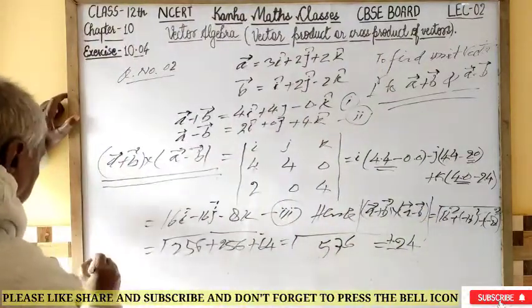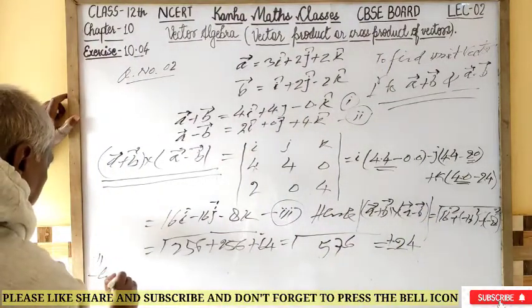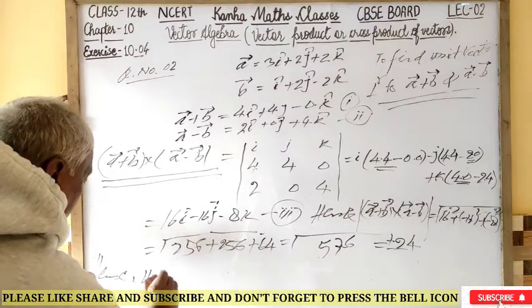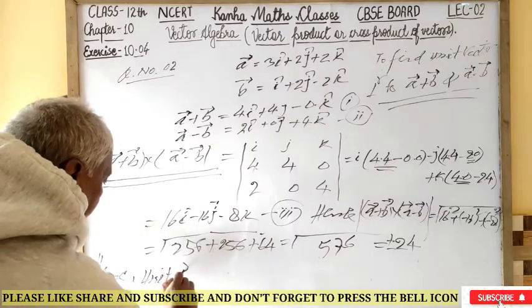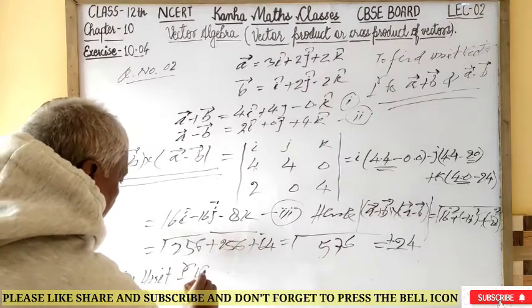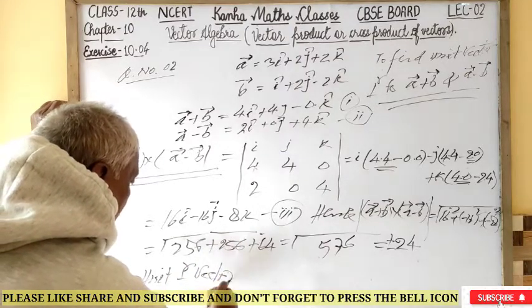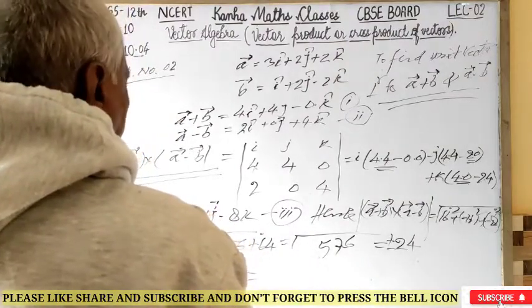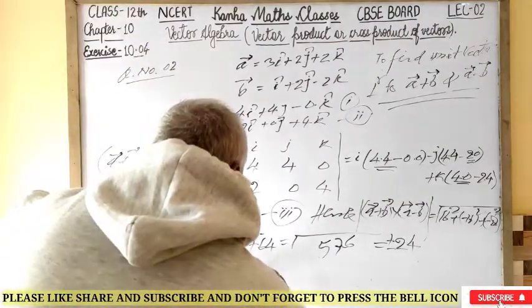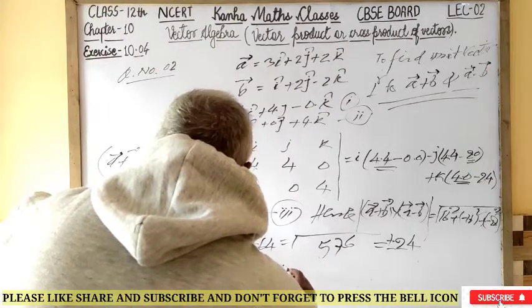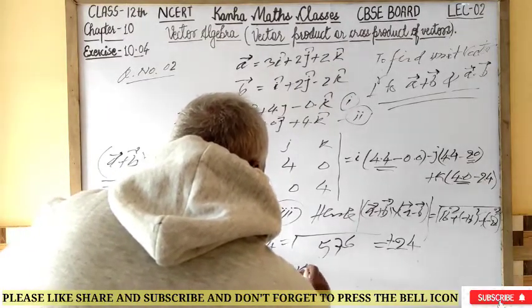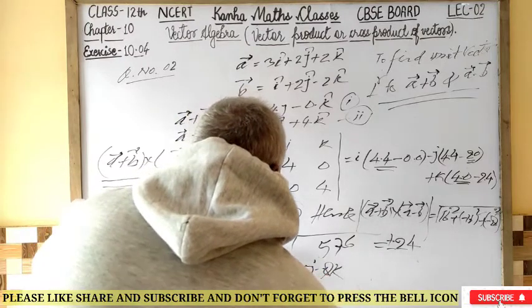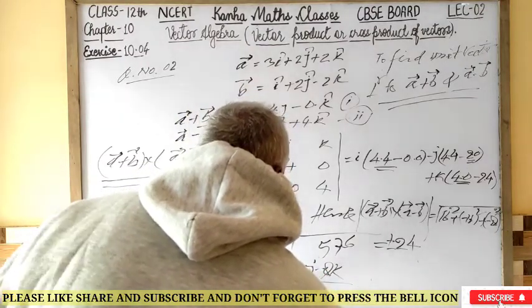Hence the unit perpendicular vector is equal to 16i minus 16j minus 8k upon 24.